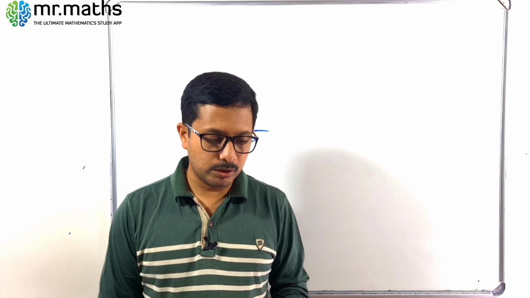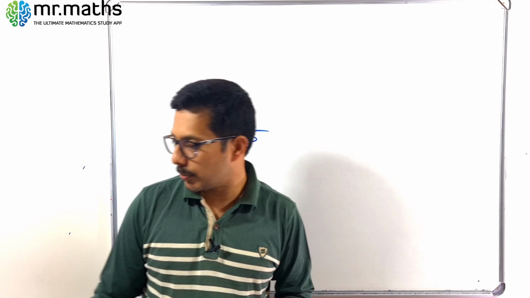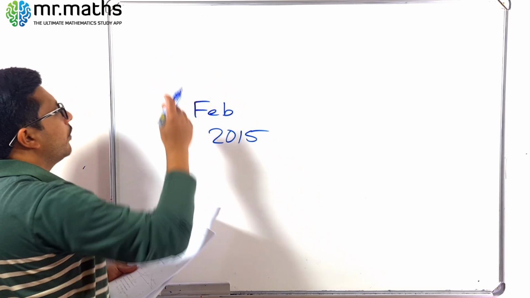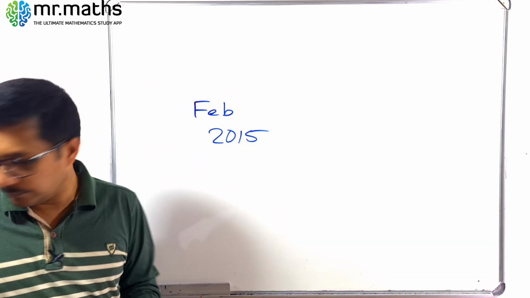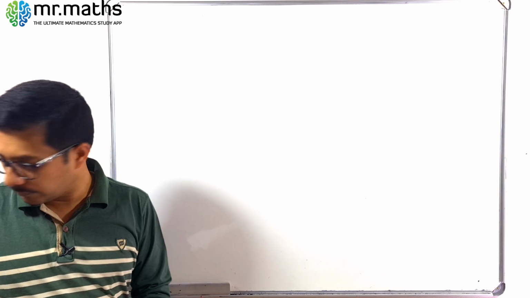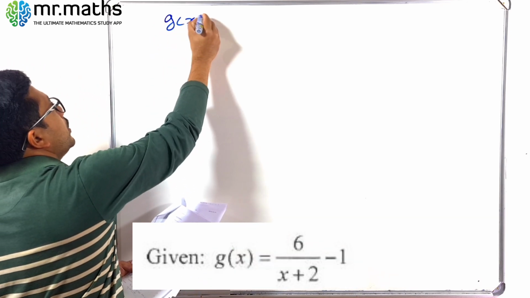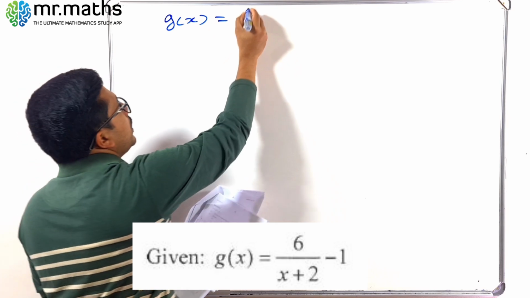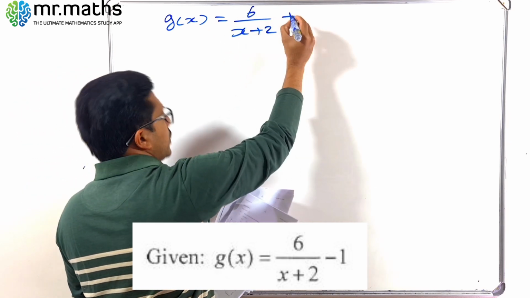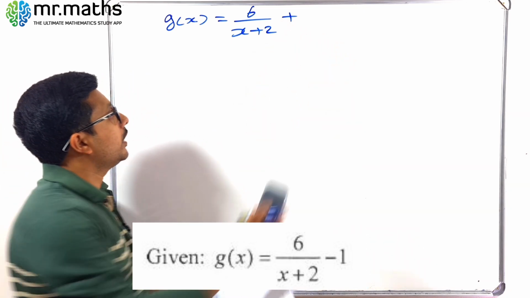Question number 4: given g of x is equal to 6 divided by x plus 2, minus 1. So there is a function given like this. Not plus 1, it's a minus 1.